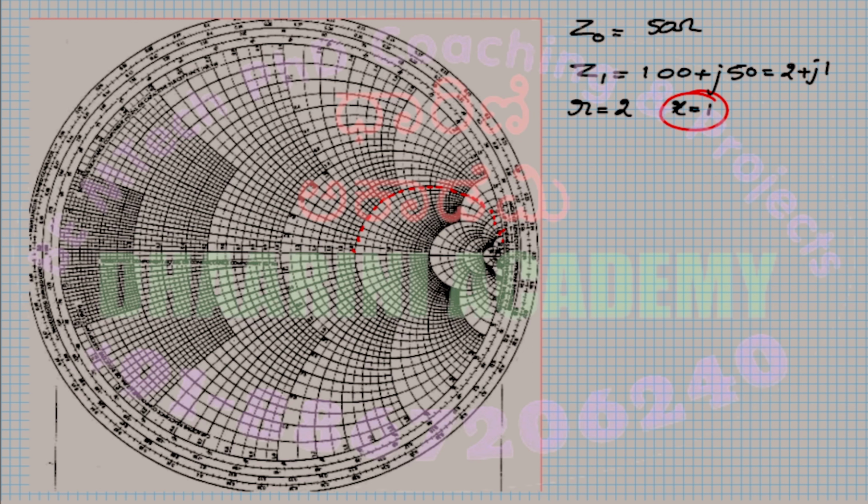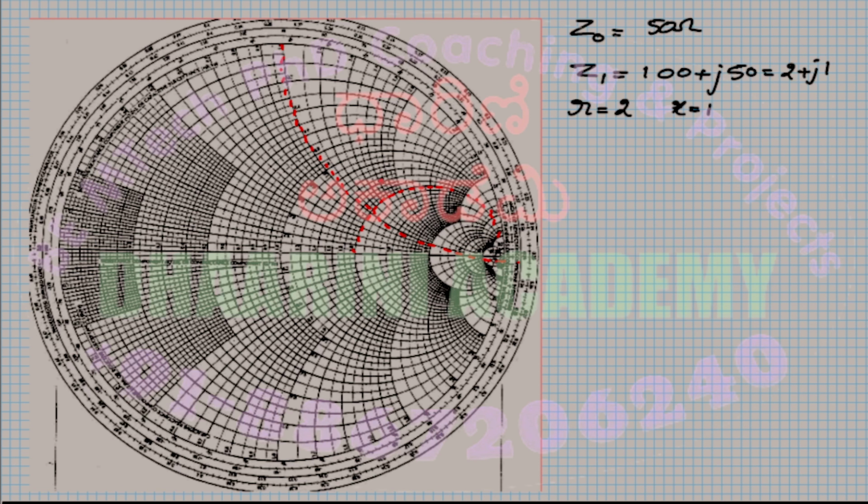In the top half of the graph, I am supposed to look at the r equal to 2 circle. I have already marked r equal to 2. Look at the x equal to 1 circle. This is the x equal to 1 circle.